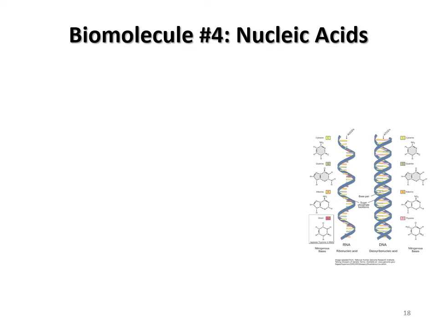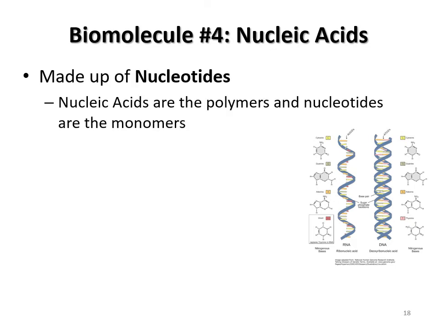Then we get to the last biomolecule, which is nucleic acids, and that is my personal favorite. I love anything to do with DNA and RNA. Genetics is fascinating. Now, with nucleic acids, there are a few things to know. First of all, their monomers, meaning their subunits, are nucleotides.